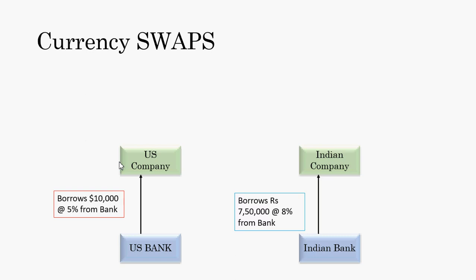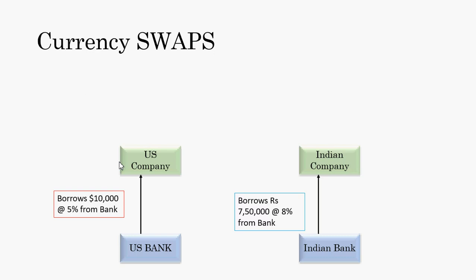Let's say that the Indian company needs around $10,000 to start its business. So the US company is going to borrow $10,000 from the US bank at the interest rate of 5%. So now what the Indian company is going to do is borrow an amount which is equal to those dollars but in terms of its own currency, which is effectively translated using the exchange rate.